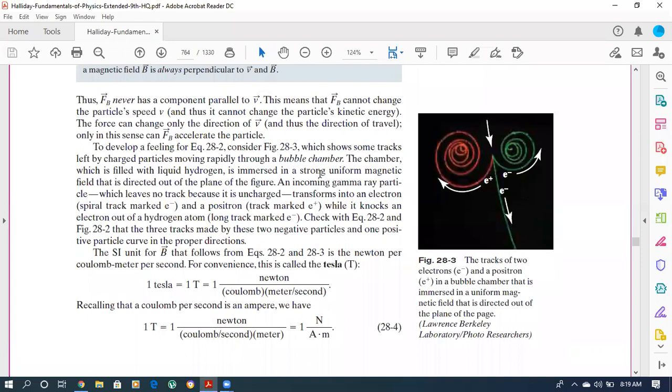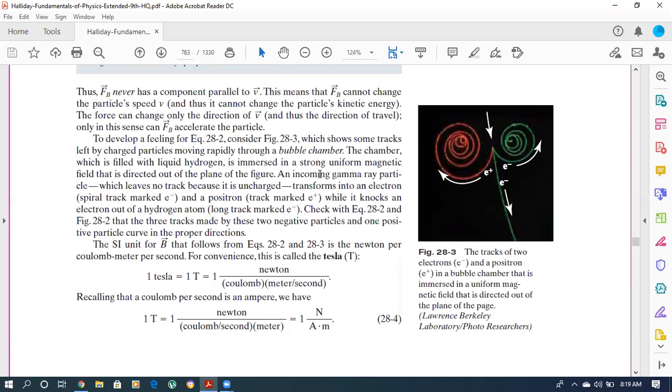There is another very interesting phenomenon which is not discussed here in this book, the production of aurora borealis, the southern lights or northern lights.